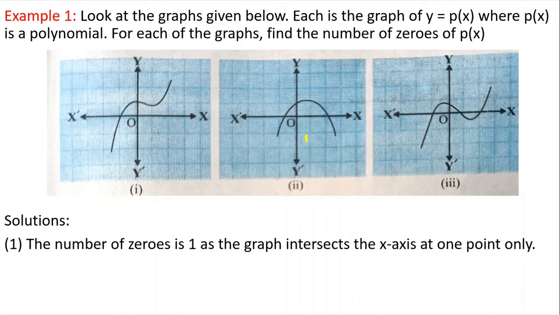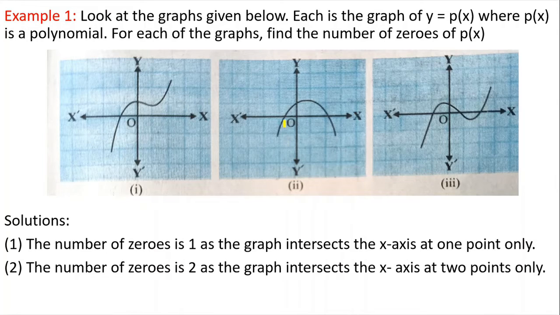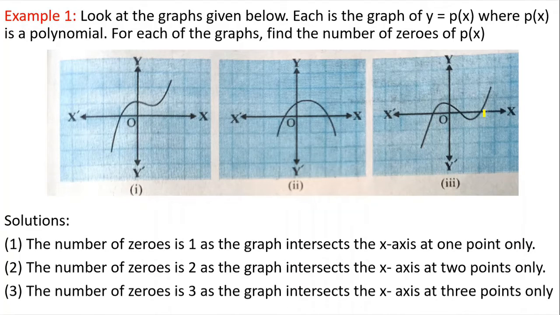In the second graph, here the graph intersects x-axis at 2 distinct points, hence there are 2 zeros for this equation. In the third graph, we can clearly see that the graph intersects the x-axis at 3 points, hence it contains 3 zeros. Okay.